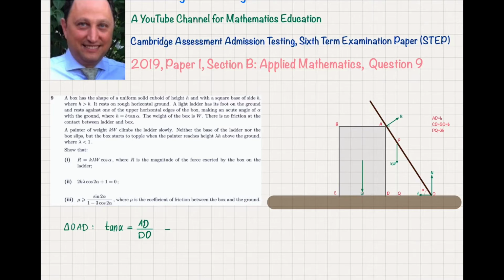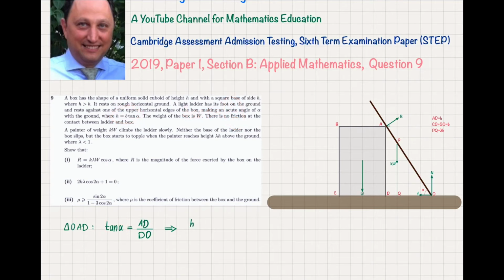Now, on the other hand, from here you can see that tangent alpha is equal to h over b. So instead of tangent alpha, you can write h over b.